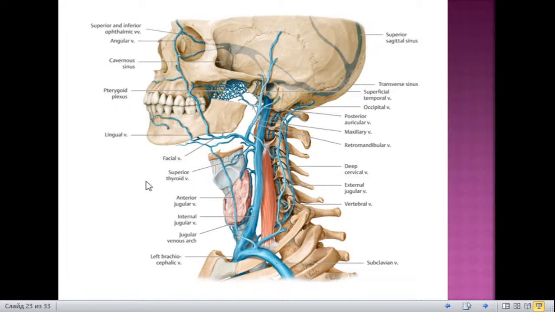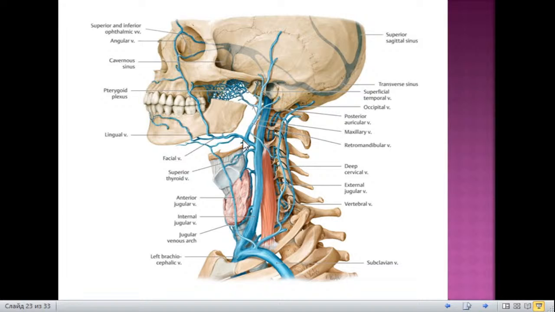Firstly, it receives blood from the veins which correspond to the anterior branches of the external carotid artery. So what are these veins? It is the facial vein, the lingual vein, and the superior thyroid vein. After that, the fourth vein has no arterial analogy.